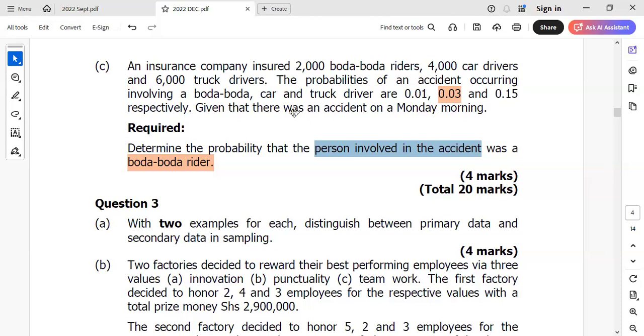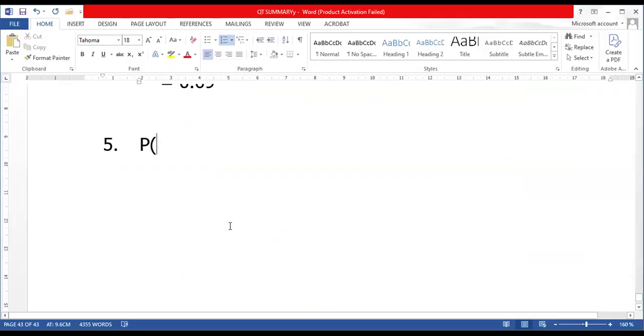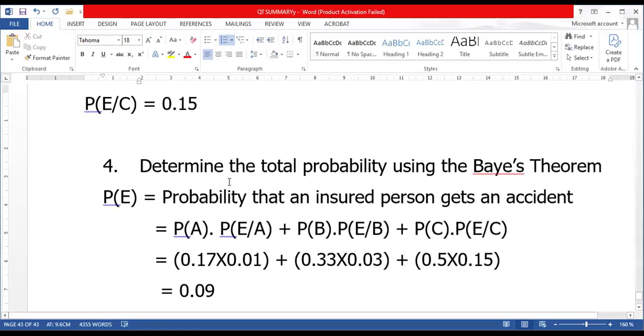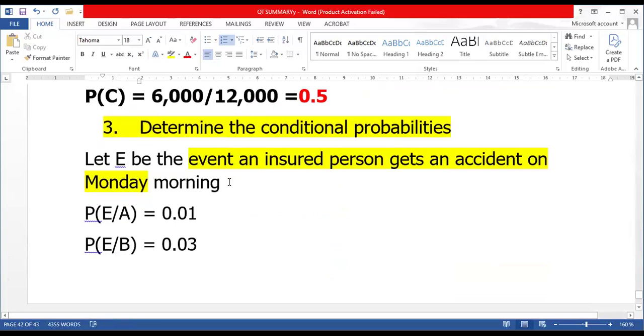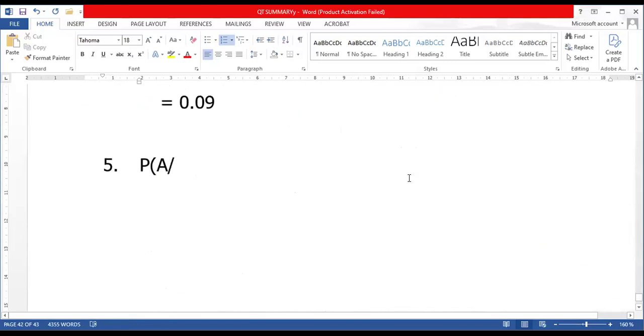So the probability of what was our boda rider? We had defined the boda rider as A. So A given what? A given E. Because we had determined E as an insured person gets an accident.